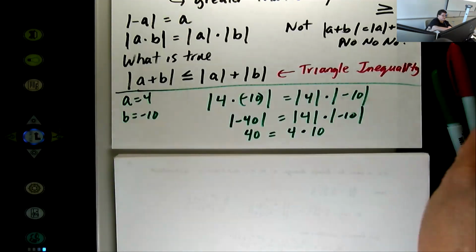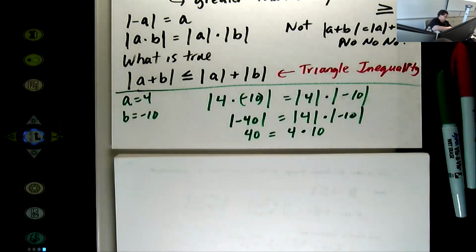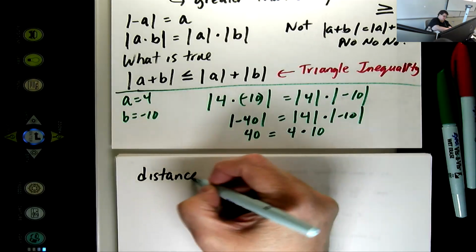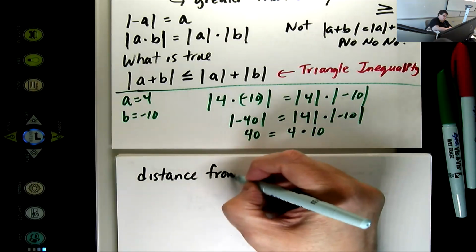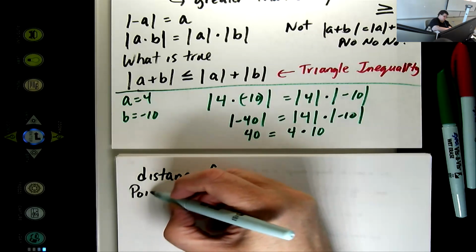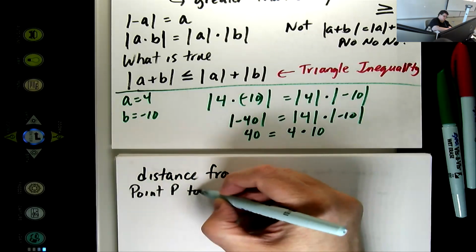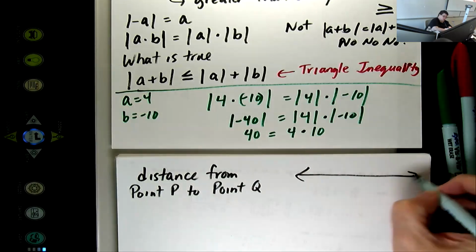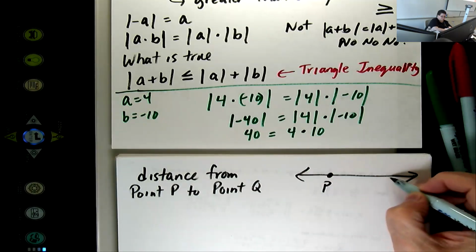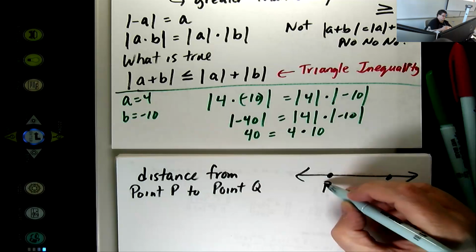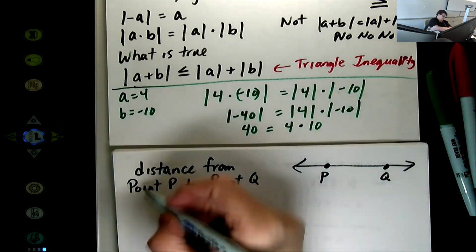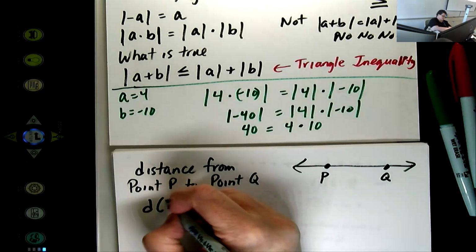Related to this, the distance between 2 points, distance from P to Q, point P to point Q, at least on a number line. They often use abbreviated something like this.